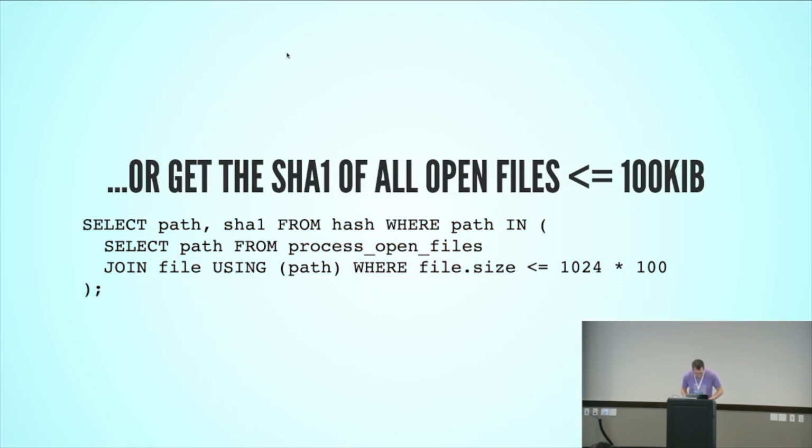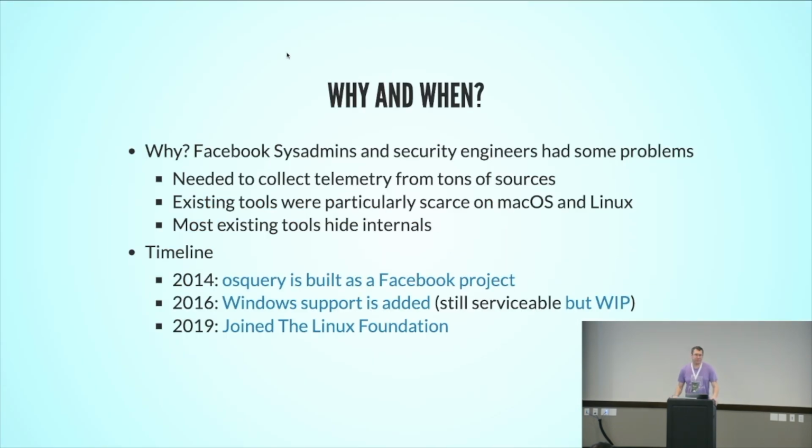So, with that demo out of the way, the reason for osquery's existence was back in 2014, Facebook had a problem, specifically their sysadmins and their security team. That problem was that the existing tooling around figuring out data from a bunch of different data sources on systems that they admin, whether that's corporate machines or stuff in their data centers, was fragmented, and you had to pull from a bunch of APIs or files or what have you, and then parse those out and write scripting around that.